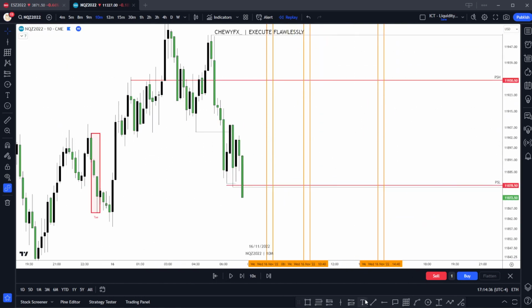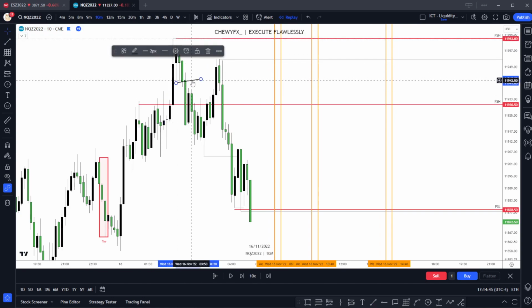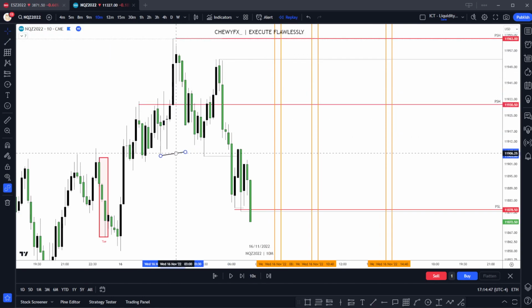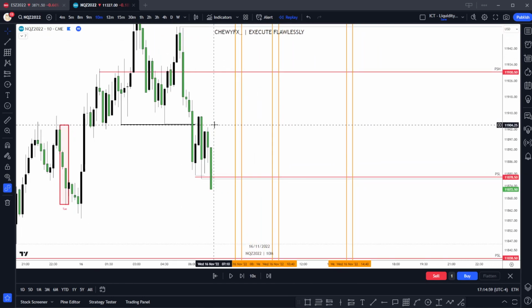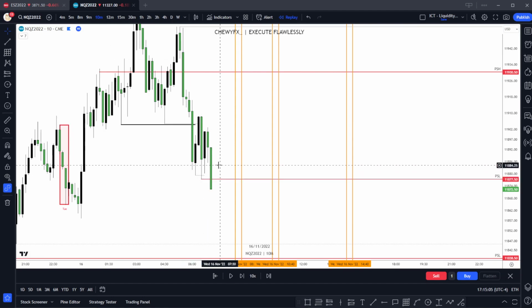Okay, so quickly, just to show you exactly what I'm looking at here. This is the low we would have needed to break for a type of market structure shift at first. However, I didn't even start trading there yet, so we want to look for a reaction off of the session low.